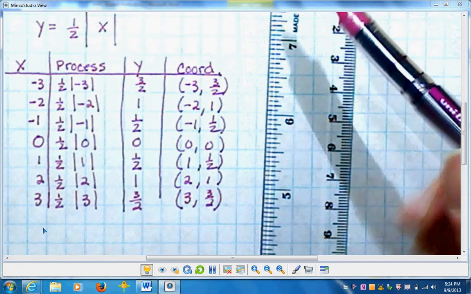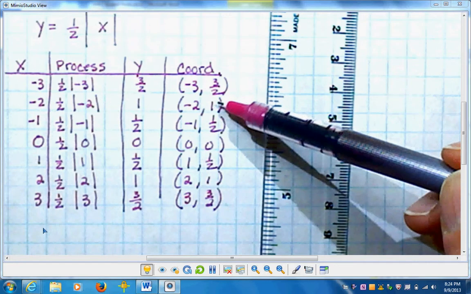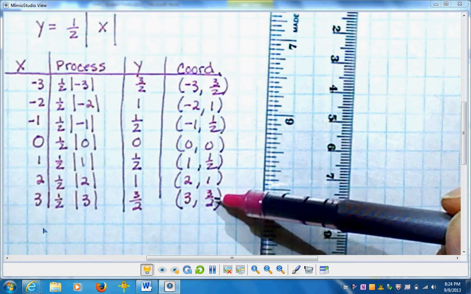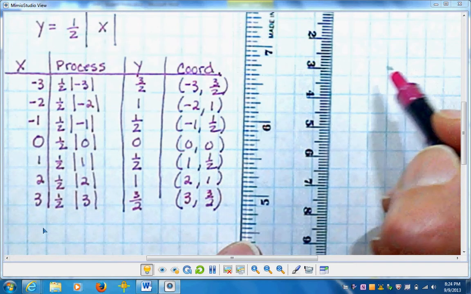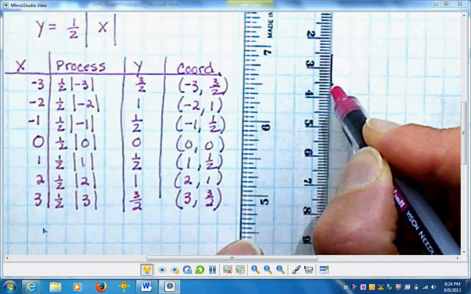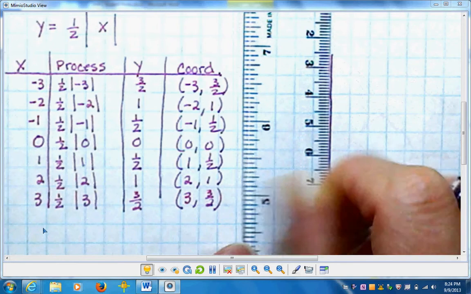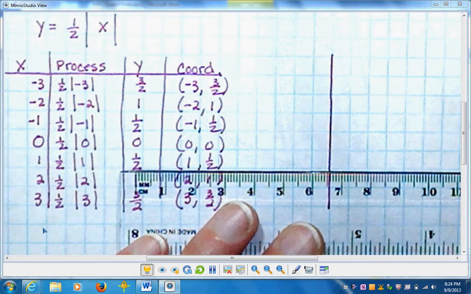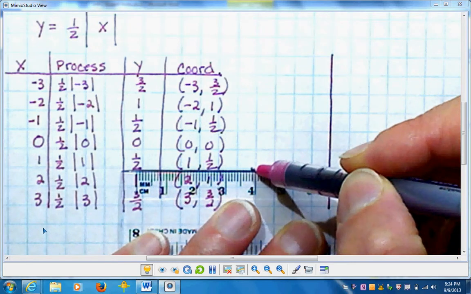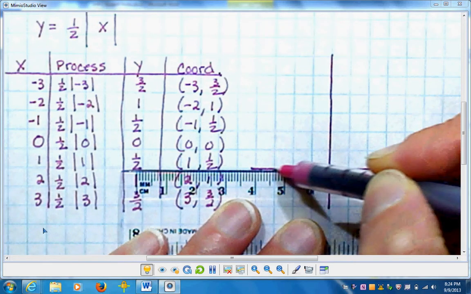So I'm just going to kind of plan ahead a little bit. If I notice, I do not have any negative y values, do I? So I'm not going to have much in the way of negative y-axis.